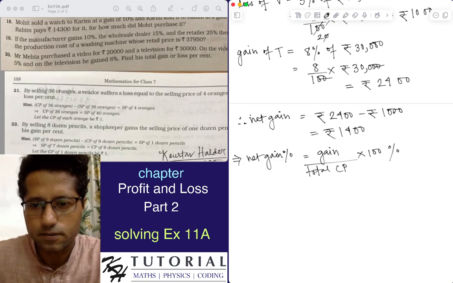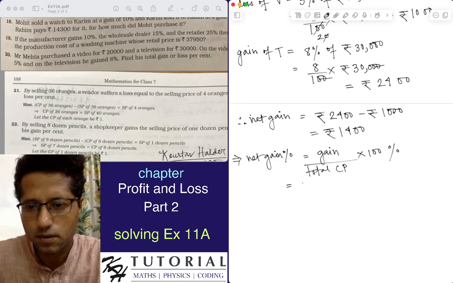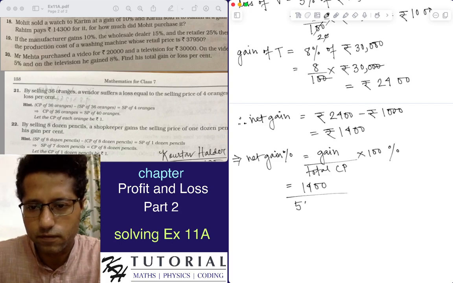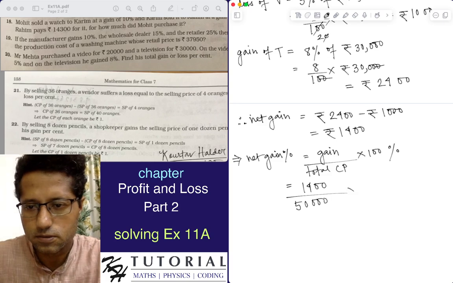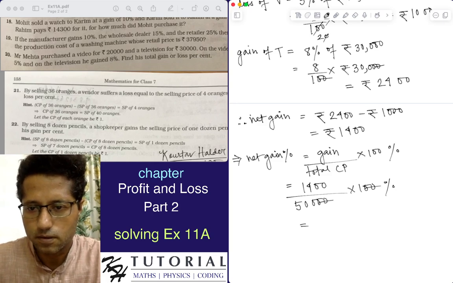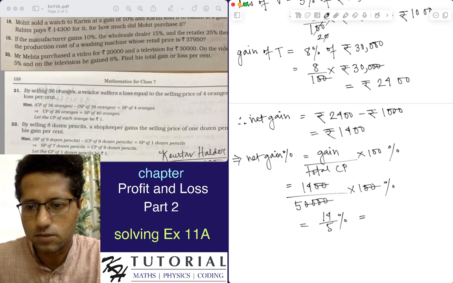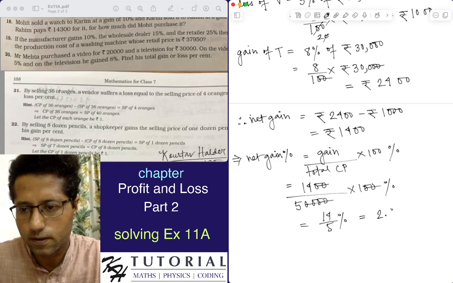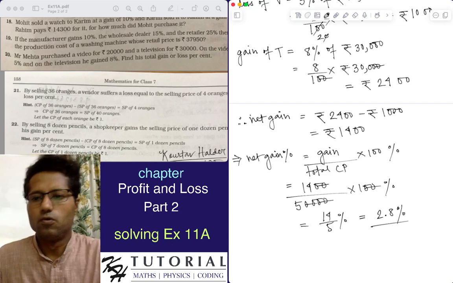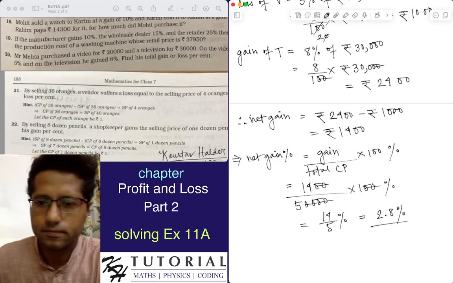The gain we have found to be 1400 and the total cost price was 50,000, multiplied by 100. 20 cancels from here, another 20 cancels from here, 14 by 5 percentage. This equals 2.8 percentage. 2.8 percent is the net gain.